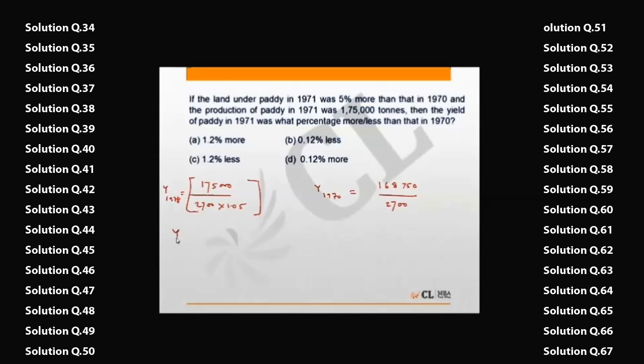So if we find out the ratio, 1970 simplifies to 1.05 into 168.75. This approximates to 175 by 177. So you can see there is a drop of about 1%, hence the appropriate answer is C. So there's a drop of 1.2% in the yield of paddy in 1971 vis-a-vis that in 1970.